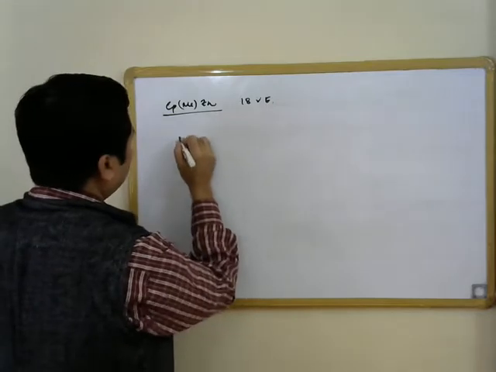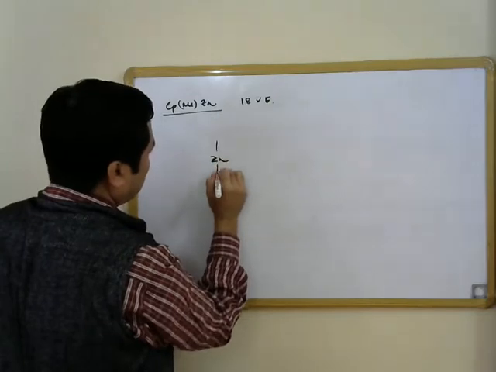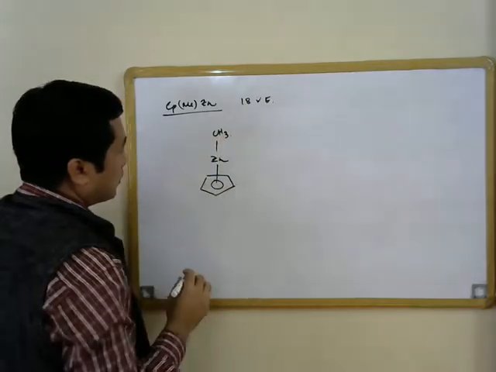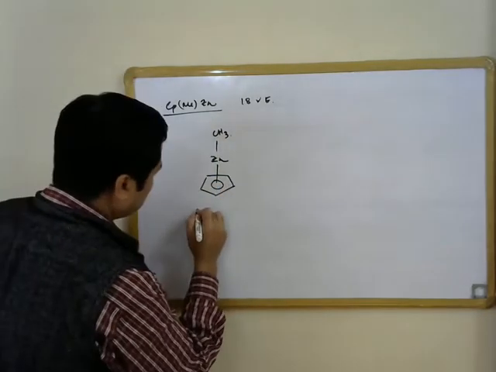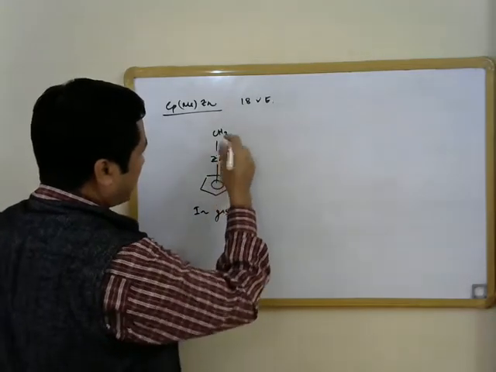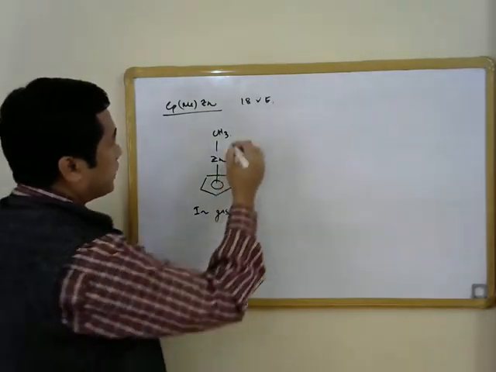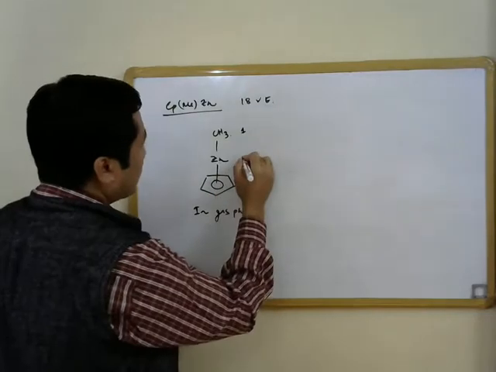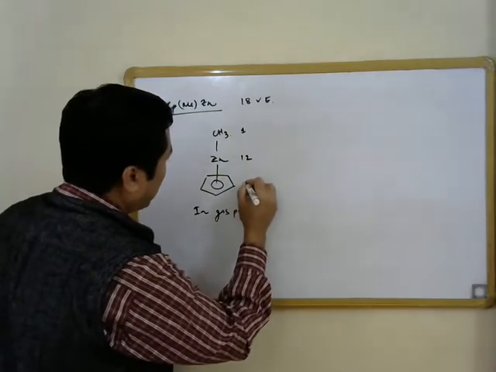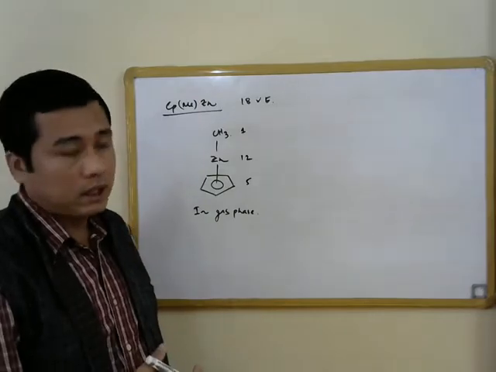The structure of this compound in gas phase is monomeric, and the geometry is linear. The one electron is donated by the methyl group. Zinc has 12 valence electrons, and then 5 electrons are donated by the Cp ligand. So that is how it's an 18 valence electron species.